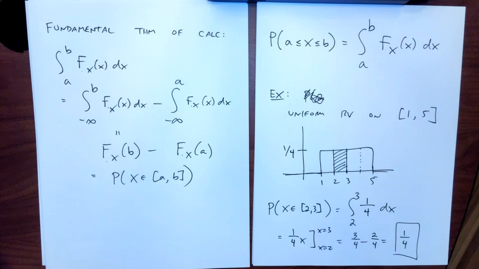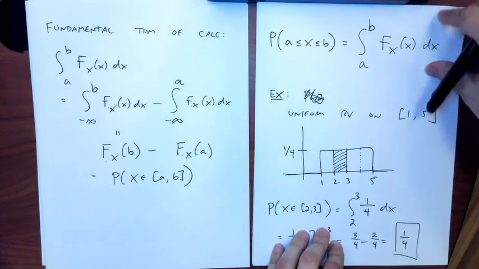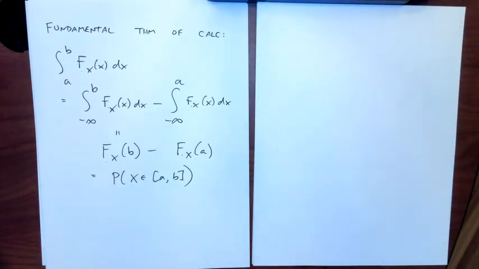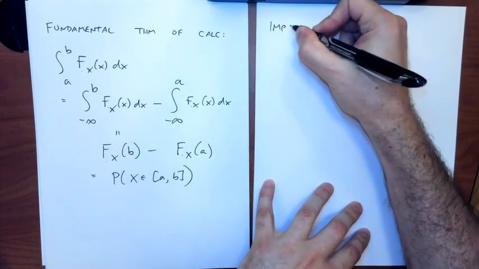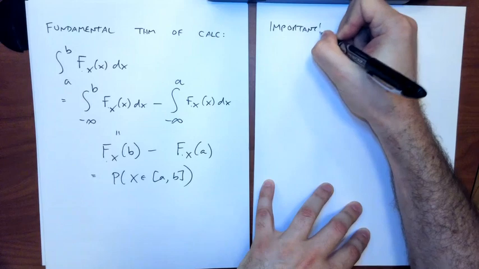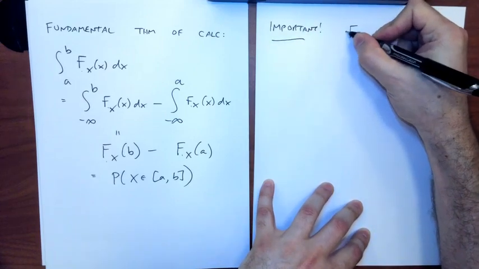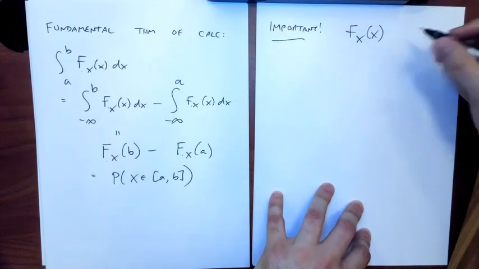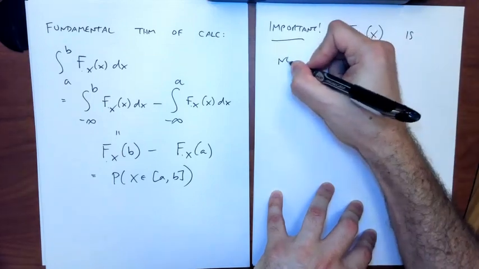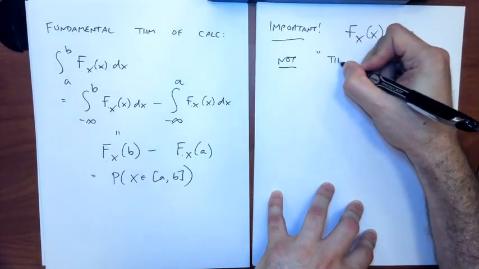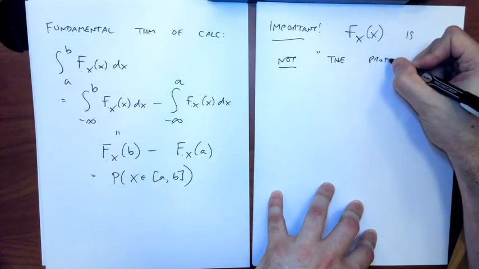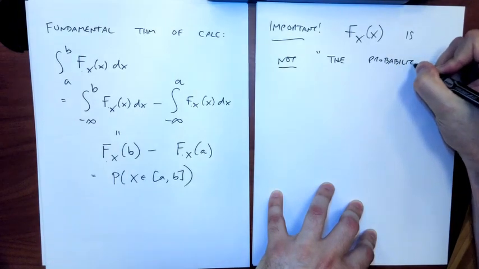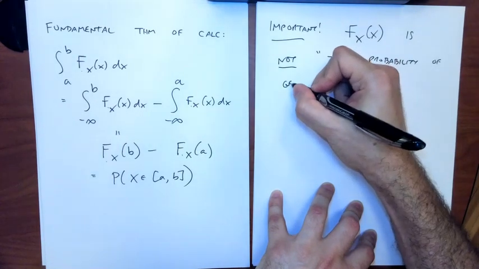Okay, so let me just again be really super clear that, important, the PDF is not basically the probability of getting x.